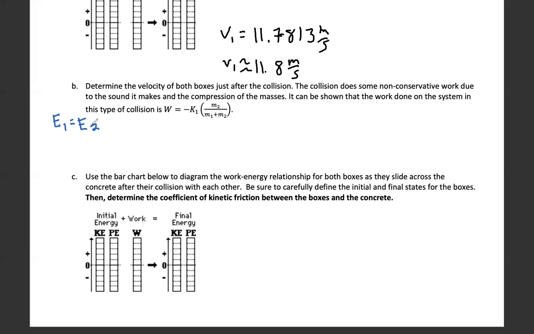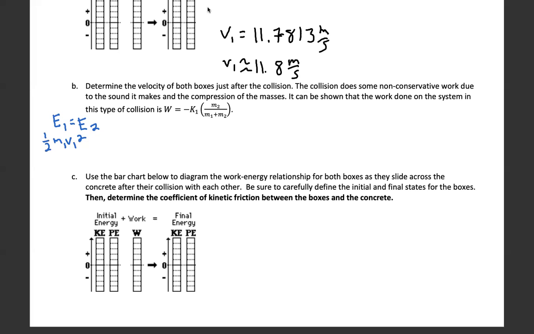So E1, right before the collision, what kind of energy was there? It was just 1/2 m v1 squared. It was all kinetic energy, and it was only m1. But we know that there's going to be, because of this collision, some non-conservative work that's going to be done.